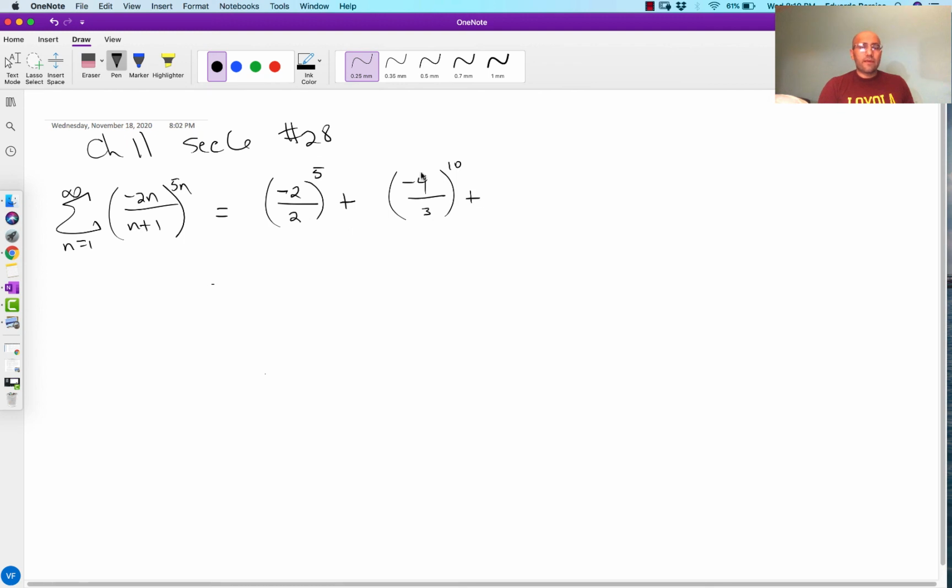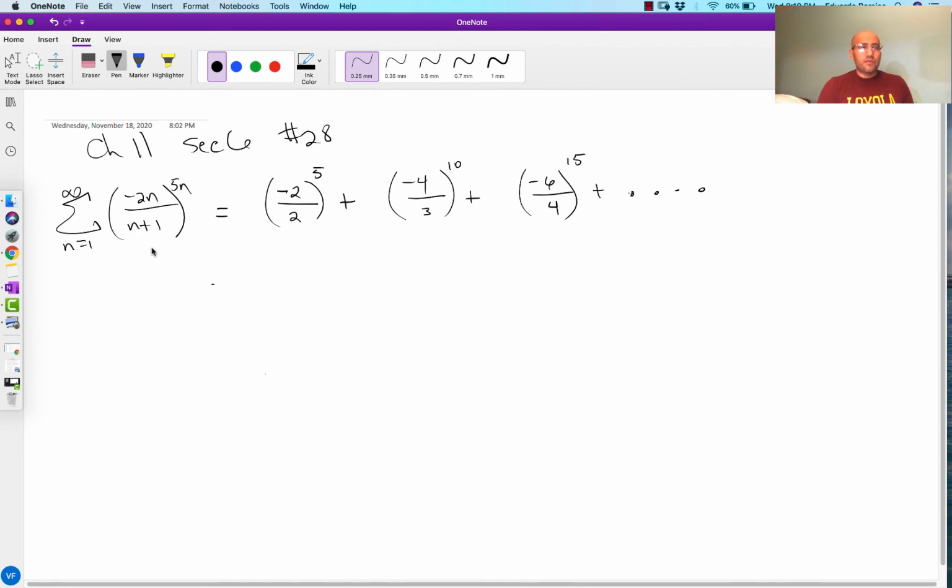That'll end up being a positive number because it's raised to an even value. Then when n is 3, we end up with negative 6 divided by 4, and the whole thing is raised to the power of 15. Okay, so on and so forth. In some cases they're positive terms, in some cases they're negative terms.